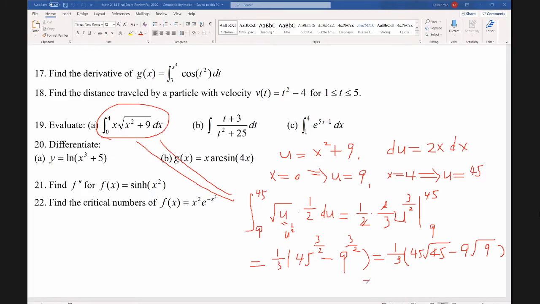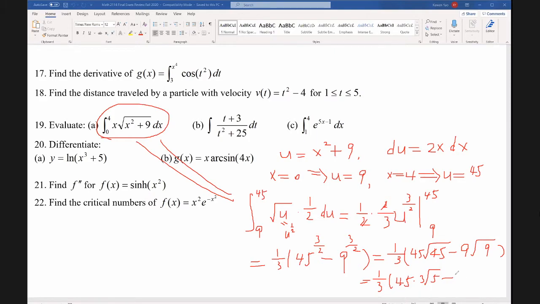And we can continue to simplify. 1/3 times 45. What's square root 45? Square root 45 is square root of 5 times 9, so it's 3 square root 5, right?